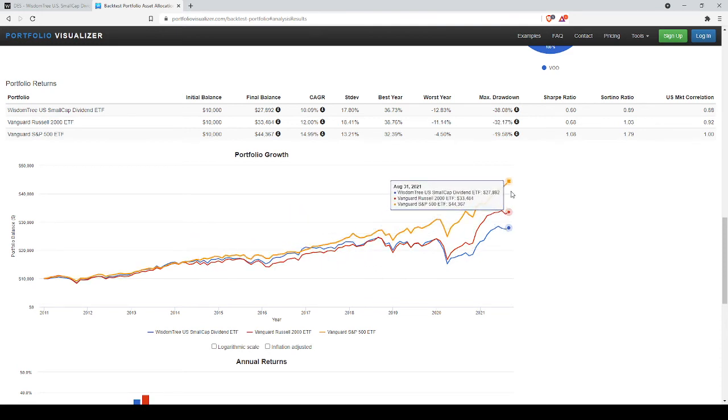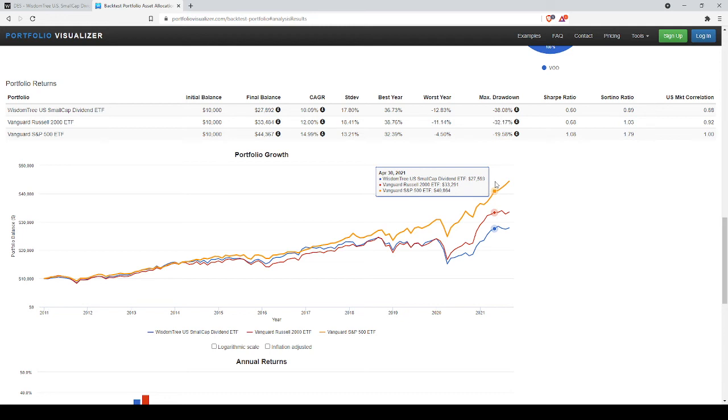Over the extremely long term, when compared to the S&P 500, you seem like you're going to do a little bit less than that, but that's kind of unexpected. You expect small caps to do better. However, because they're small cap dividend companies, they're not going to have the growth that larger companies have, because usually small cap companies are looking to use their cash flow to grow the company as opposed to dividends.